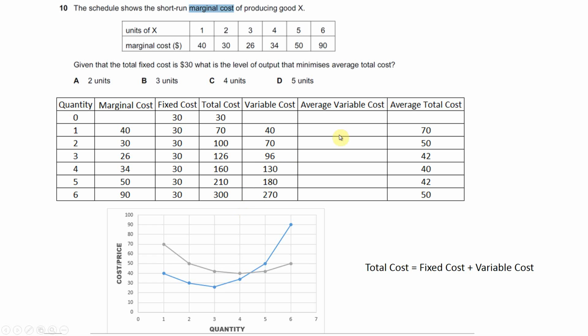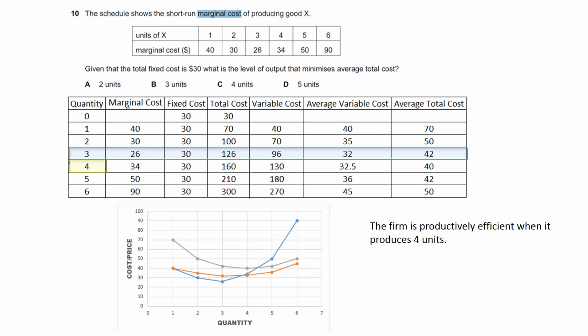Okay, so again, if average total cost is total cost divided by quantity, average variable cost is going to be the total variable cost, or just the variable cost, divided by the quantity. So this is 40, 70 divided by 2, and so on, all the way down. So 70 divided by 2 is 35.